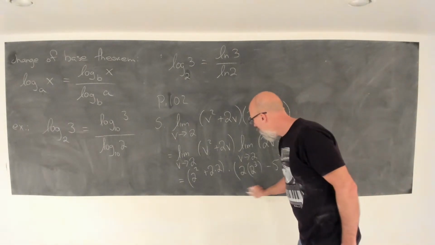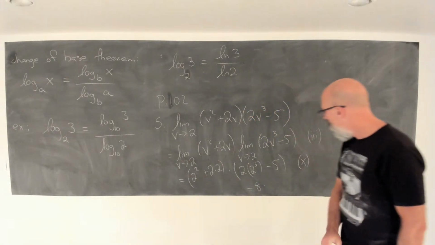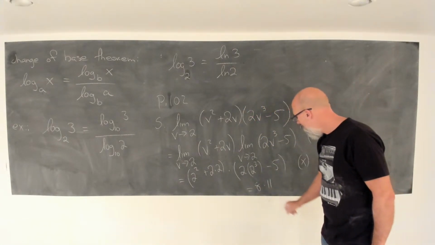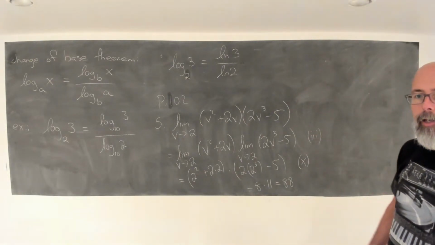And finally, this is 8. 16 minus 5 is 11. So the answer is 88.